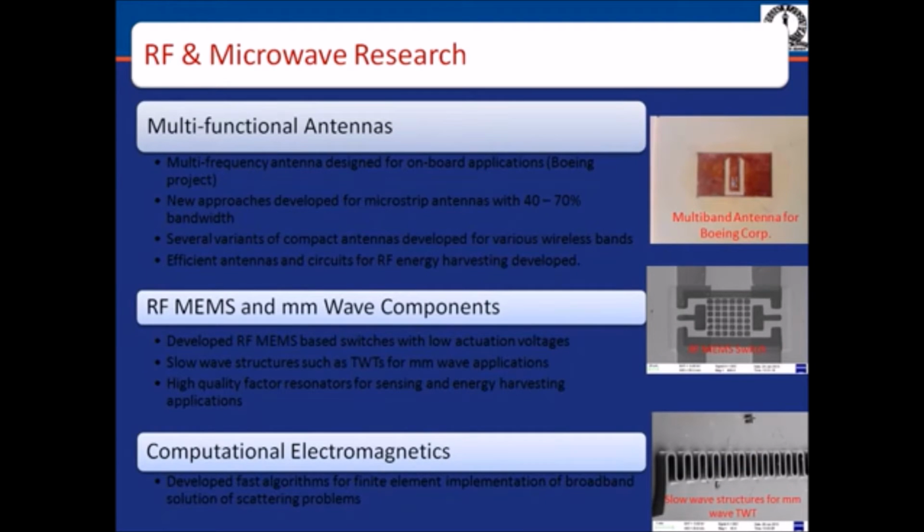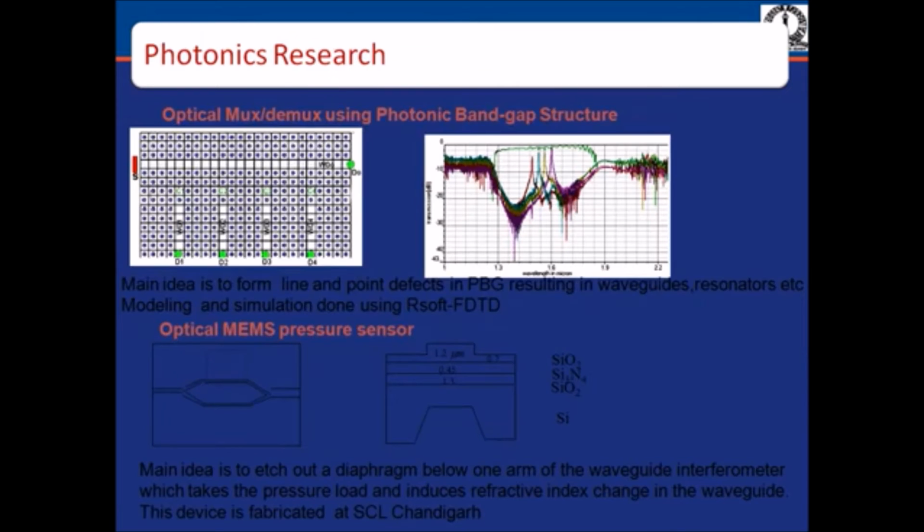So a lot of activity in RF and microwave research, like antenna design, building RF devices, and in 5G we may have to go to millimeter wave technology, so a lot of interesting possibilities of doing research in RF and microwaves, and computational electromagnetics. Next.